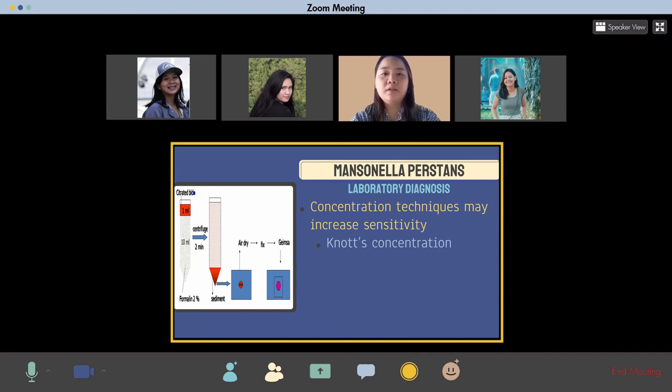Concentration techniques may also increase sensitivity. An example is the Knott's concentration, in which we mix 10 ml of 2% formalin with 1 ml of blood in a conical centrifuge tube, then centrifuge it for 2 minutes. After that, we let it dry, then fix it and stain it on a glass slide with Giemsa.